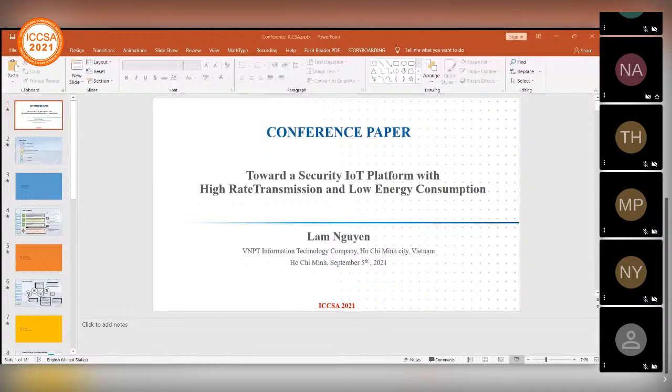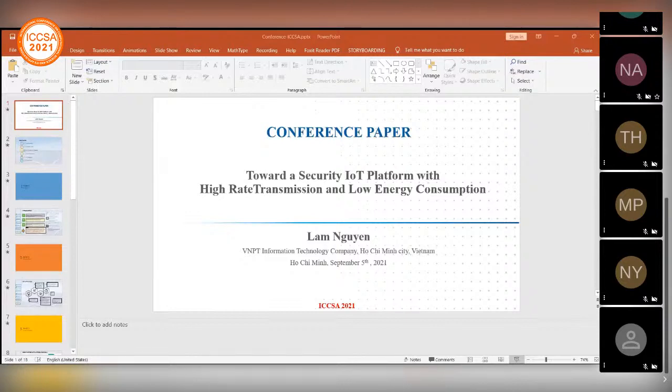We go to part one, introduction. IoT technology has become an important technology because it has grown rapidly and been applied to many fields, for example smart city, healthcare, supply chain, industry, and agriculture.